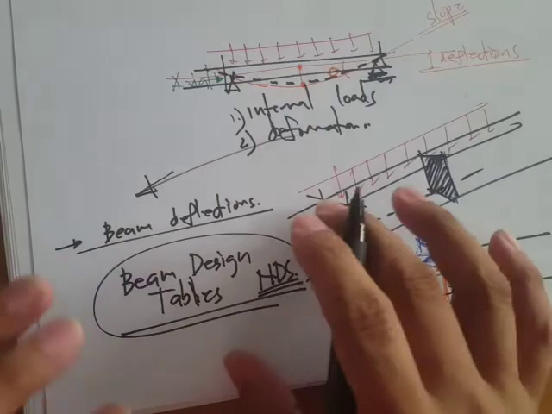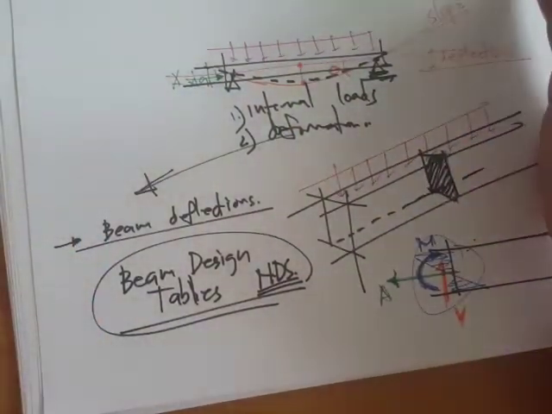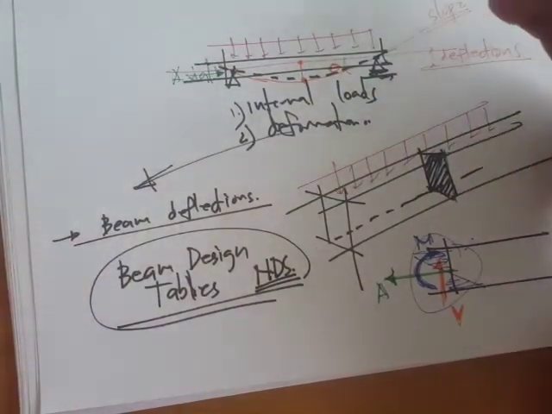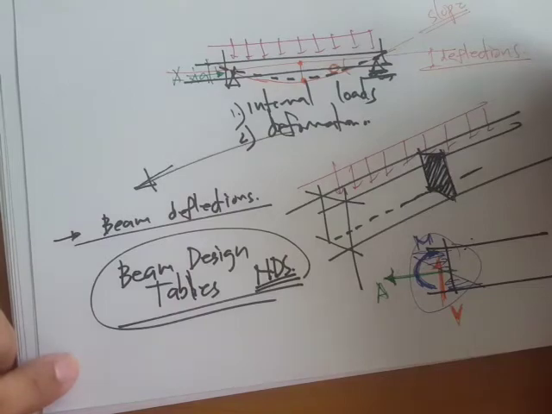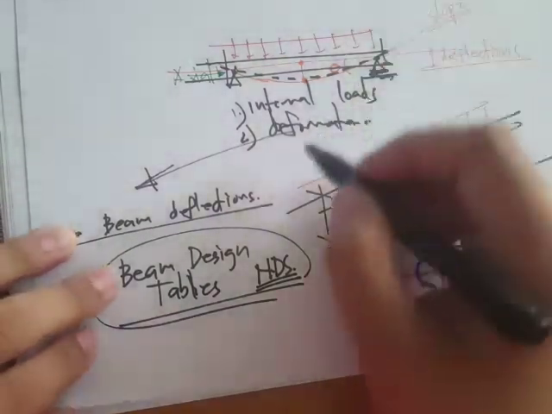Or other textbooks have a complete beam design table. So if you're dealing with beams, you just go to these tables to find, let's say, the maximum moment, the maximum shear, and the deflections and stuff like that.